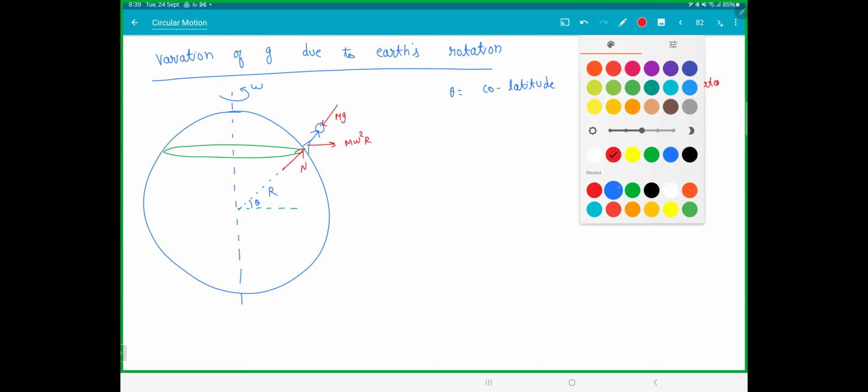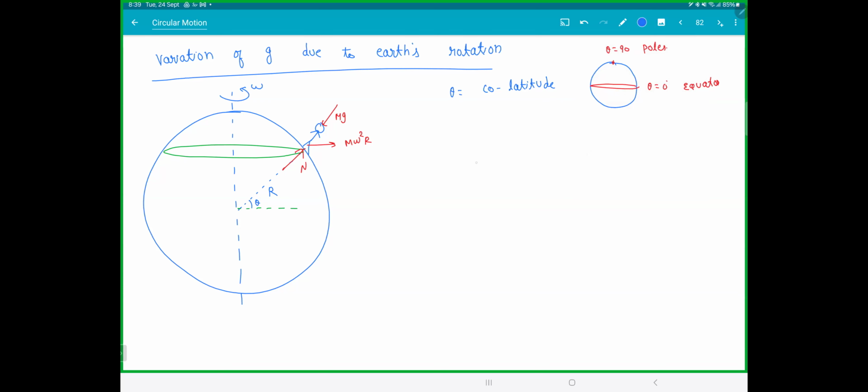Now, if you resolve the forces of this man, we have normal reaction, we have mg, and this angle is theta. So we will have a centrifugal force component this way, which is m omega square, small r cos theta.